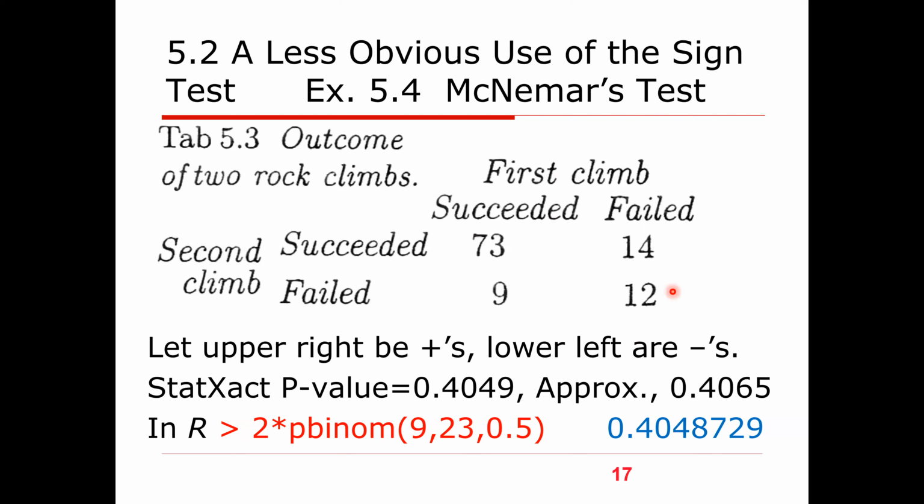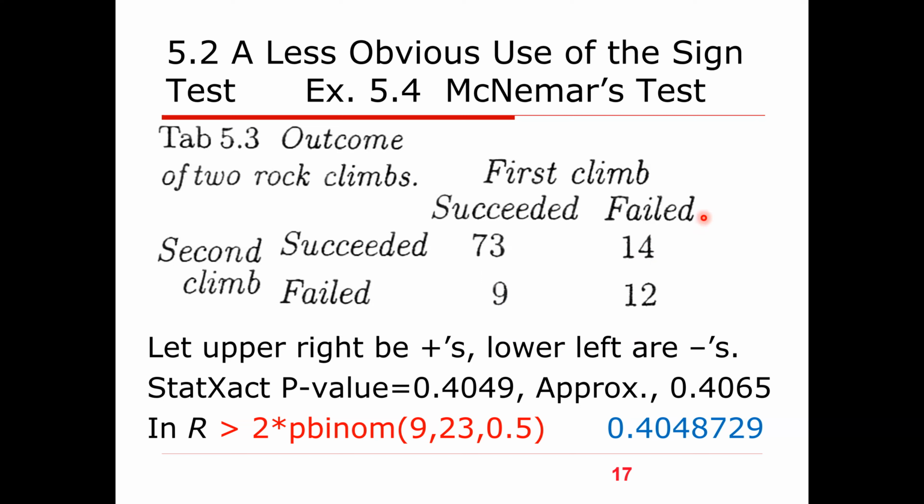The members who succeeded in both climbs and those who failed in both climbs do not tell us anything about the difference in the difficulty of the 2 climbs, right? So what we are more concerned with are these 2 values here, the 14 and 9, because by comparing these two values, we may know which climb is more difficult than the other, or whether they have similar difficulty.